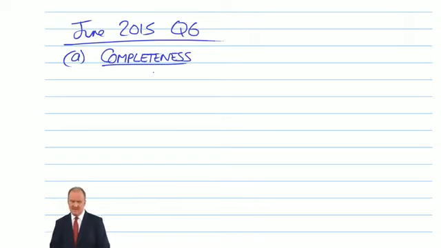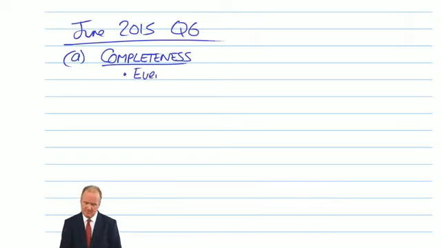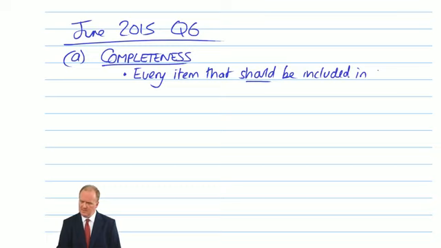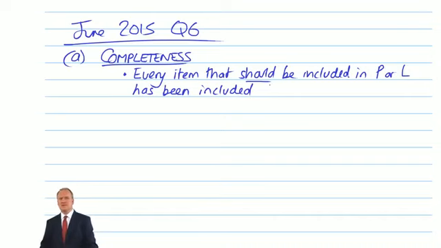What does completeness mean? It means every item that should be included in the profit or loss has been included. So nothing that should be in there has been missed out.